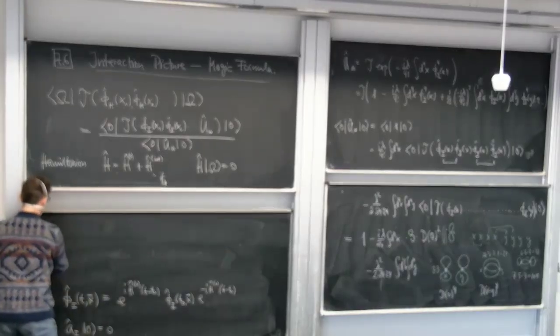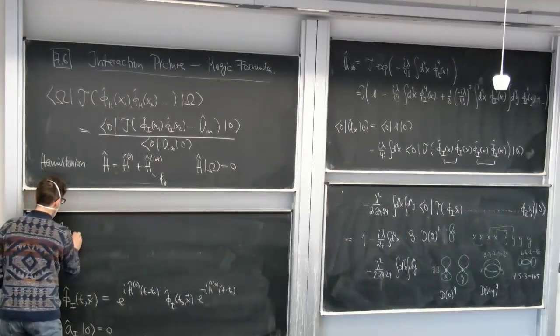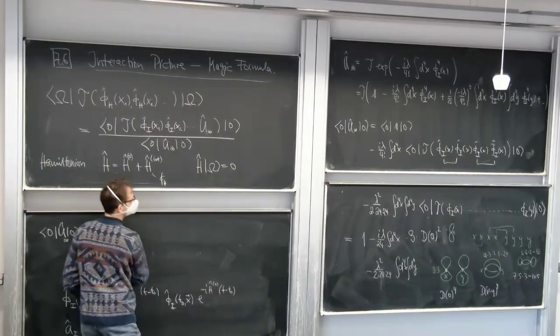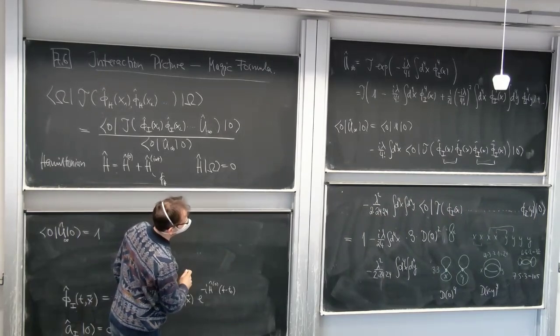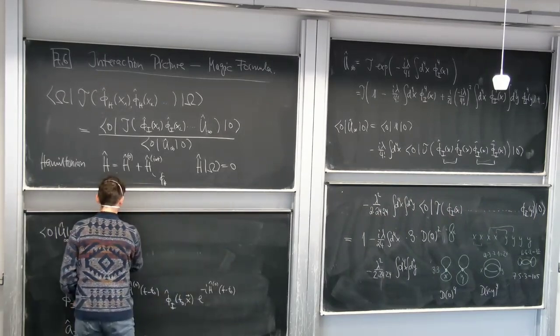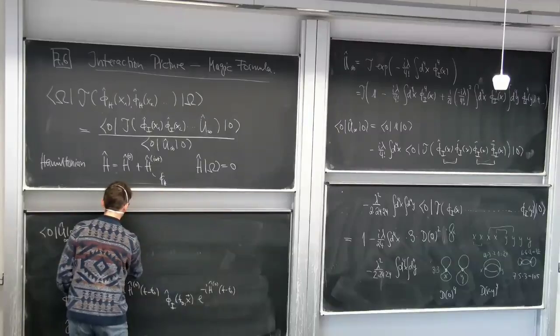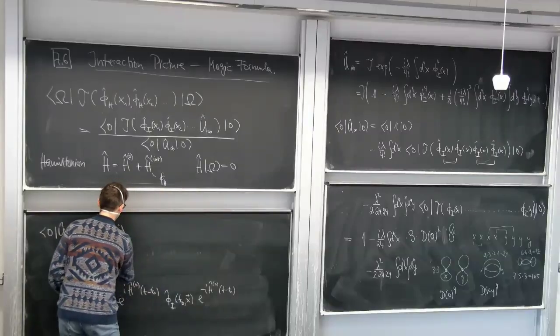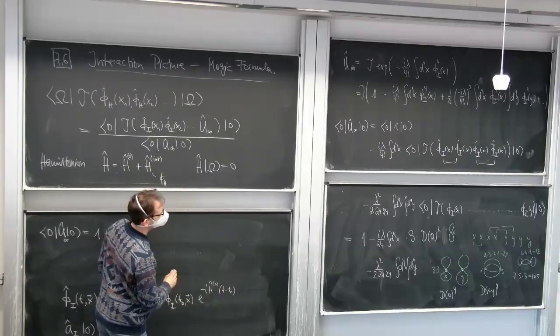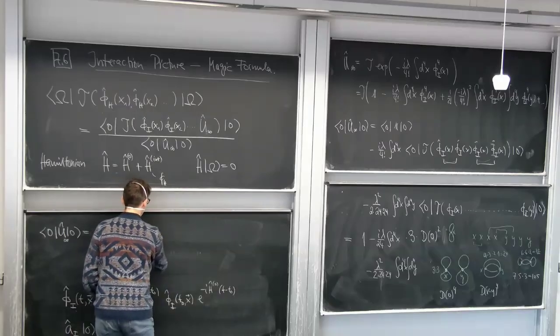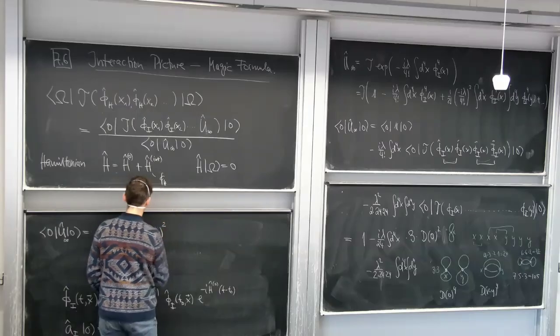This thing, the term between the brackets in the denominator is 1 minus i lambda over 24 times 3 is 8, integral d4x d0 squared.